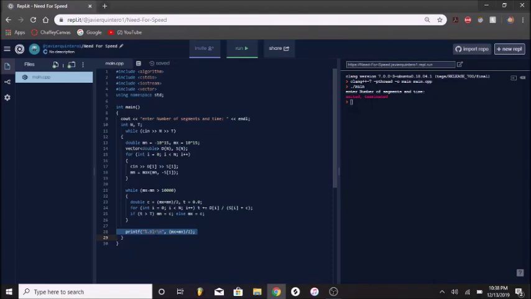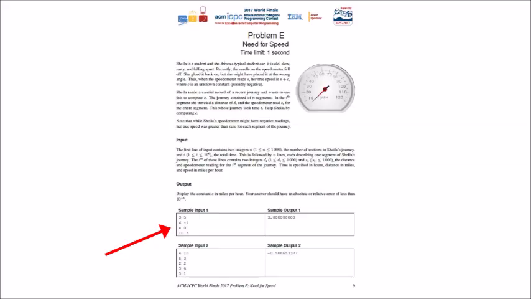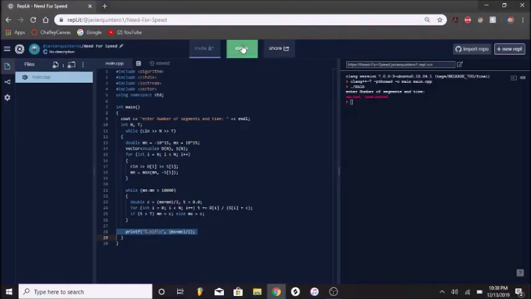So let's test this out using the question's example input. So I'll run this. That's for the number of segments and the total time. The number of segments was 3, total time was 5.